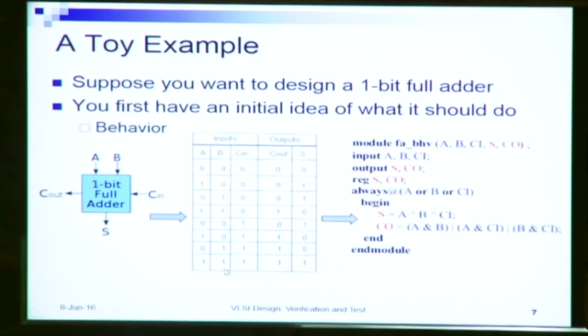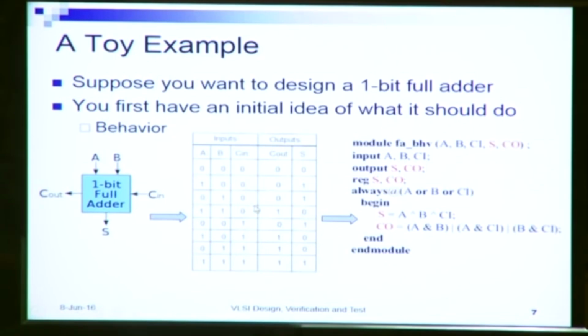Either all three inputs, A, B and C, are 1, or only one of the inputs is 1, then the sum bit will be 1. And when will the carry be equal to 1? Whenever at least two of the input bits are 1, the carry will be equal to 1.